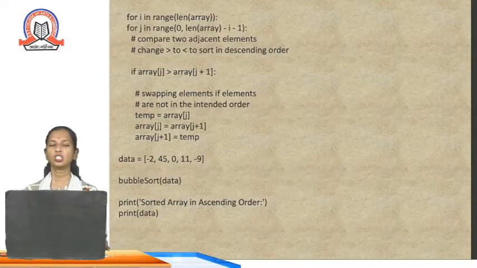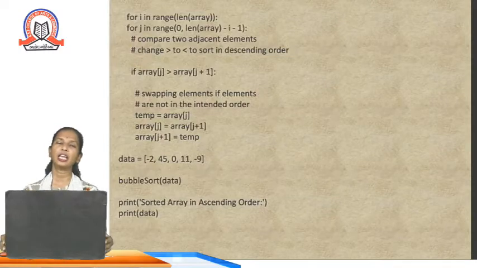Okay, so this is a simple technique of interchanging two values. When we have to interchange two values, we take the help of a temporary variable, copy the first value into it, copy the second value into the first, and then copy the value from the temporary variable into the second variable.